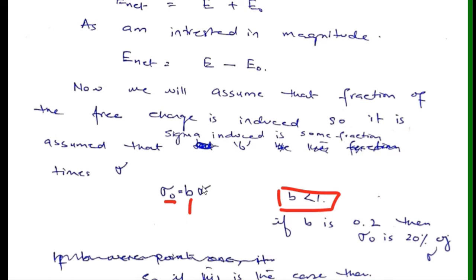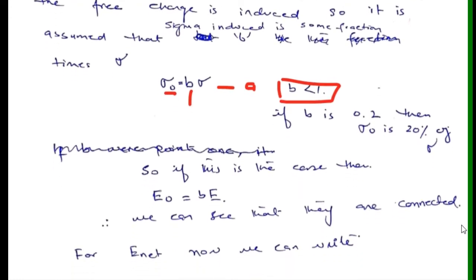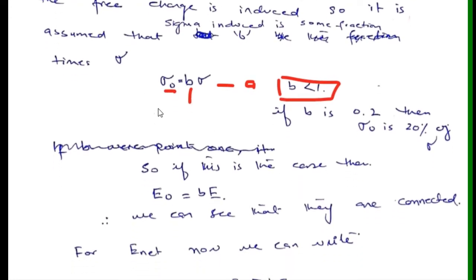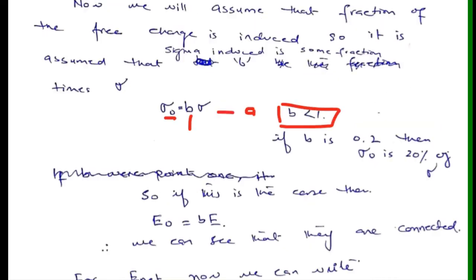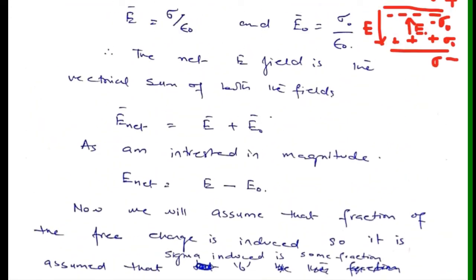Now this is one important equation. This will help us ahead in finding the value of the dielectric constant. So now if this is the case, obviously we have the value of E, which we saw above, that E is equal to sigma over epsilon naught.